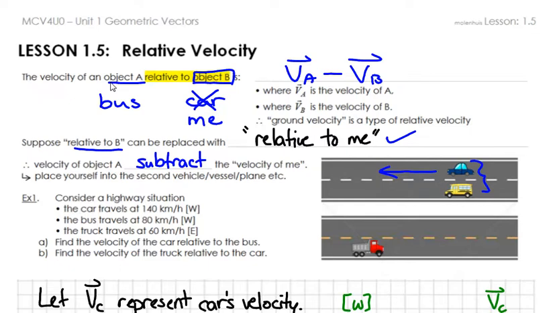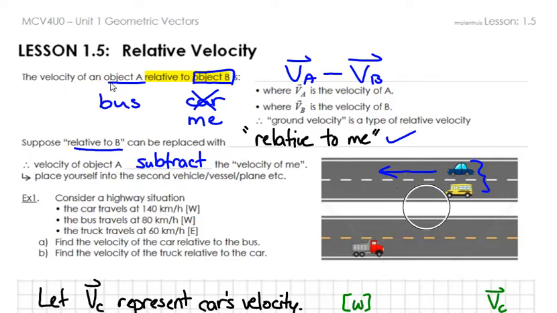For example, if the bus is going in the same direction, you've probably been on the road beside another vehicle before, and it doesn't seem like it's going very fast compared to yourself. That's because both of you are going in the same direction. If one's a little bit faster and you subtract your speeds, there's not very much of a difference.